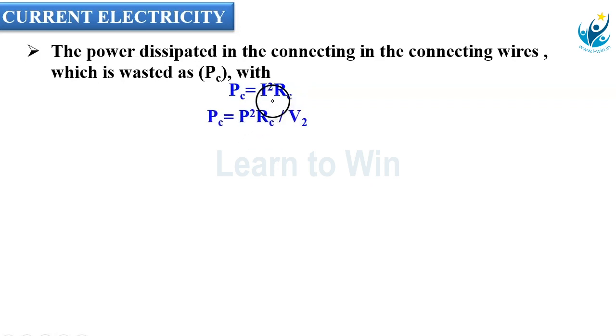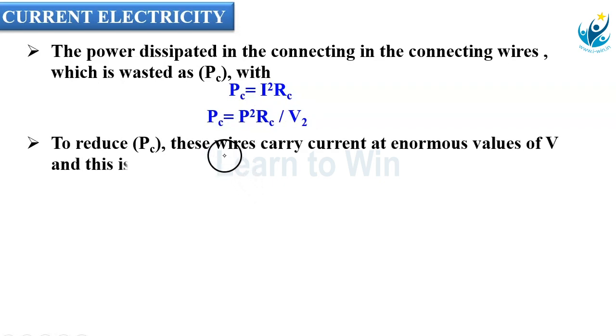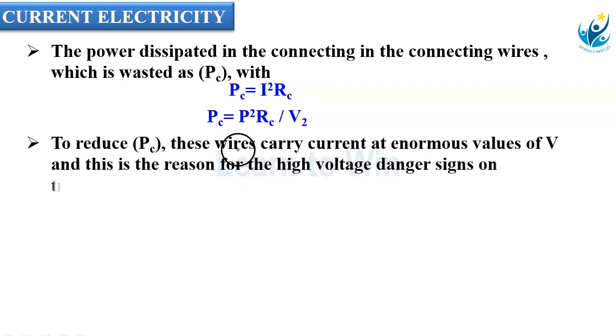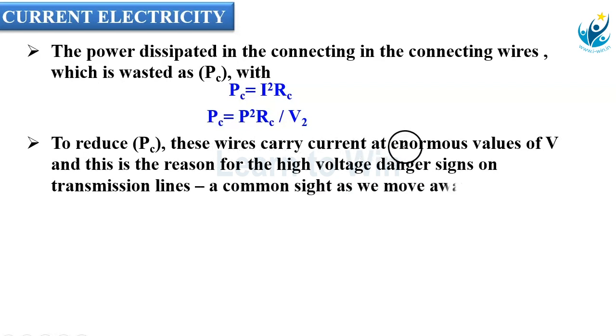That is PC equals P square RC by V square. To reduce this power loss, these wires carry current at an enormous value of voltage. This is the reason for the high voltage danger signals on transmission lines.